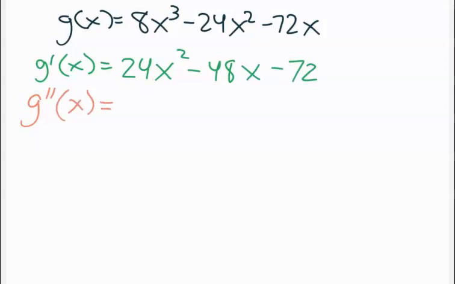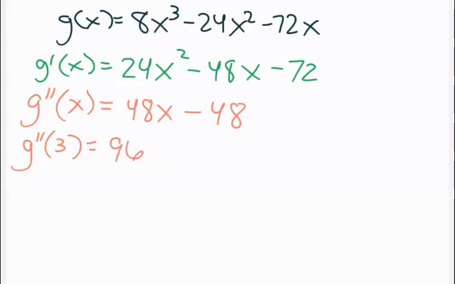So we just do the derivative again. So 24x squared is 48x, minus 48x is minus 48, and derivative of a constant is 0. So now we have the first and second derivative. Now they could ask us to do almost anything with those. First thing they ask for is what happens if I plug a value into the second derivative. So if I put 3 in here, I get 48 times 3 minus another 48, so the same as 48 times 2, 96.